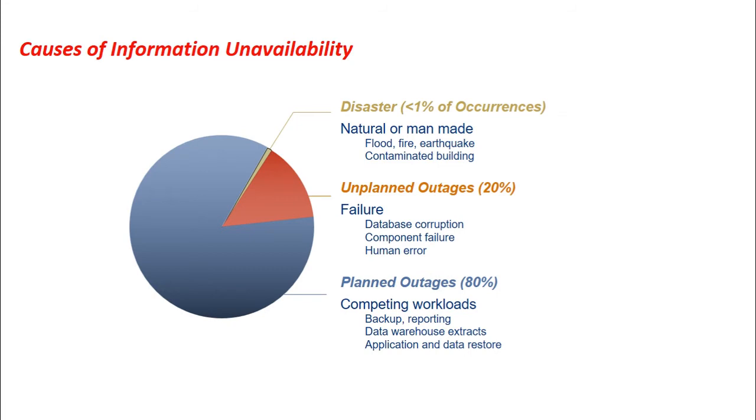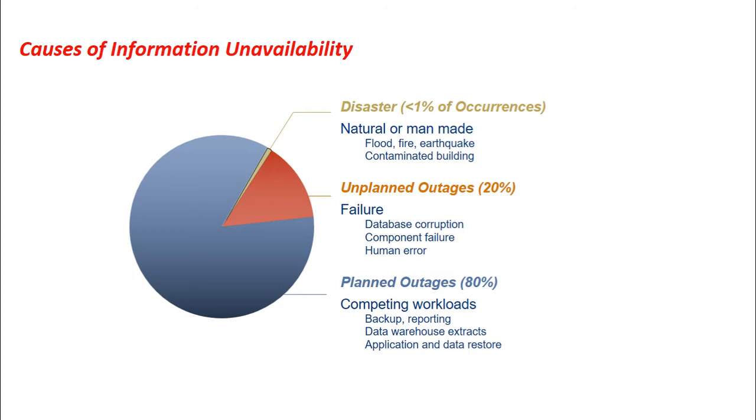Planned outages include installation, integration or maintenance of new hardware, software upgrades or patches, taking backups, application and data restores, facility operations such as renovation and reconstruction, as well as refresh and migration from the testing to the production environment. All these contribute to the planned outages because these will be planned in advance.